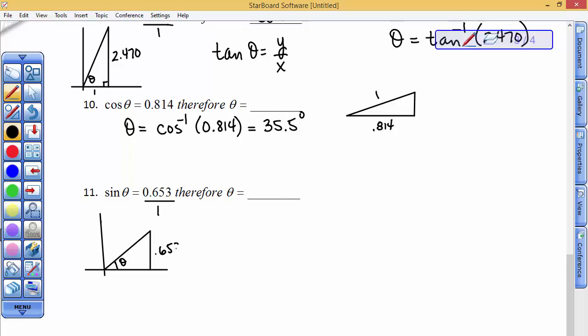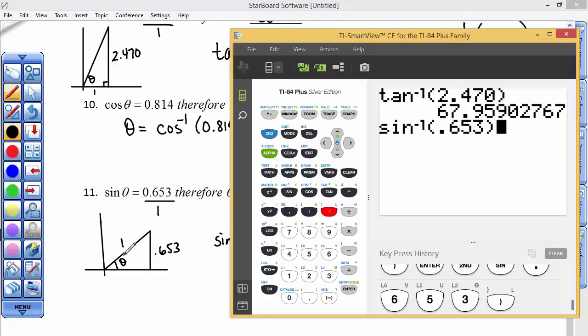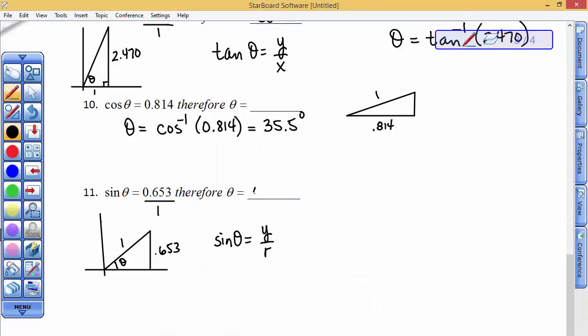I want this to be 0.653 when that's equal to 1 because sine is defined as y over r. I don't need to be drawing all these pictures. I just need my calculator. And I just need to go second sine of 0.653. And let's see if it's about that size of an angle. 40 degrees? Yeah, that looks like 40 degrees. So I'm drawing these pictures for you to understand why the answer is 40.8 degrees.